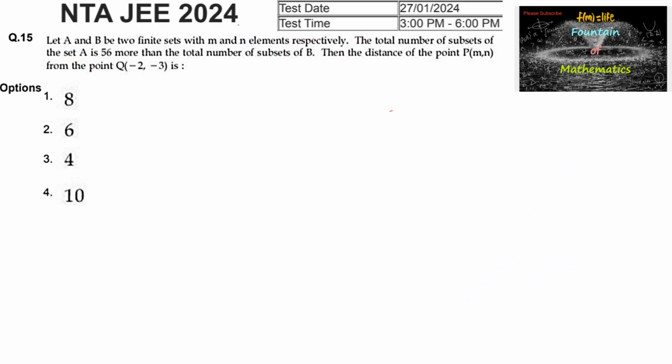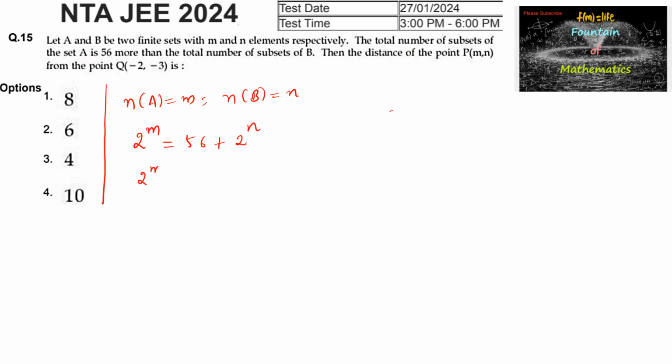Let A and B be two finite sets with m and n elements respectively. That is, the number of elements in set A is equal to m and the number of elements in set B is equal to n. The total number of subsets of A, which is 2 power m, is 56 more than the total number of subsets of B, that is 2 to the power n.